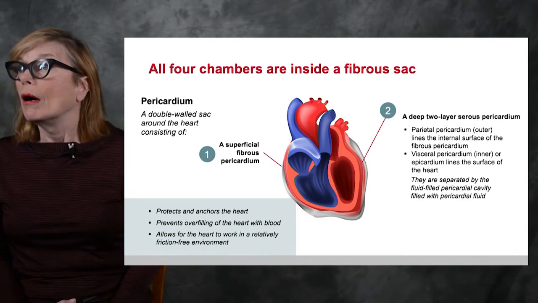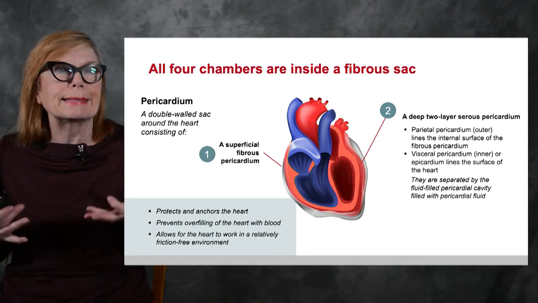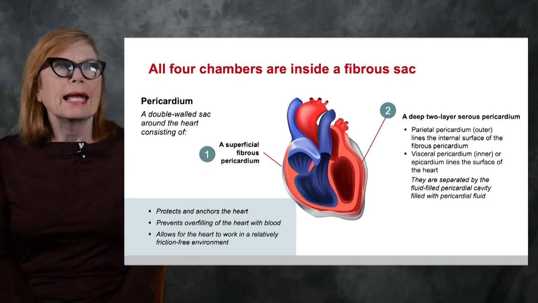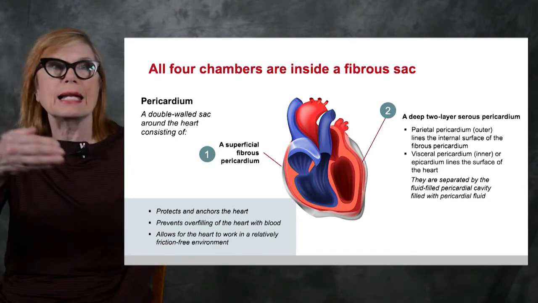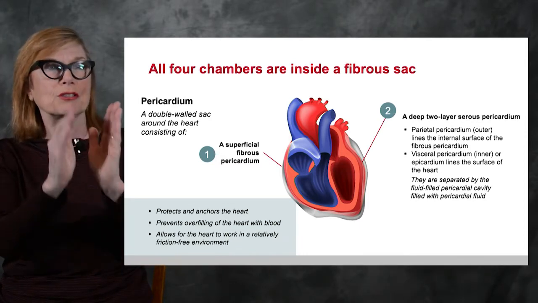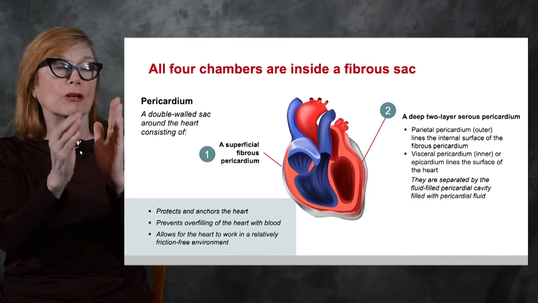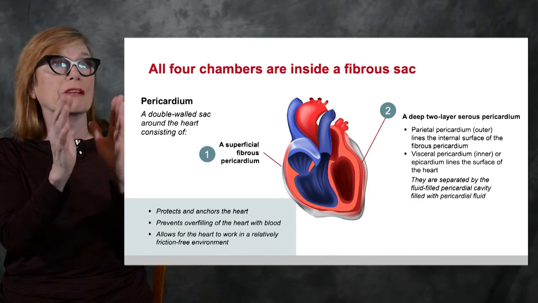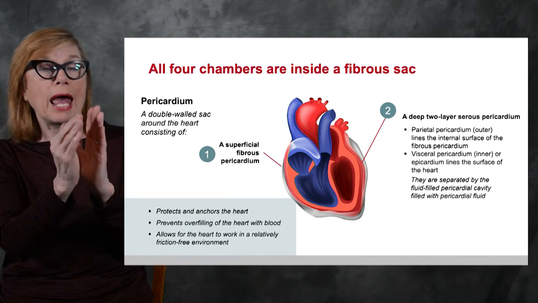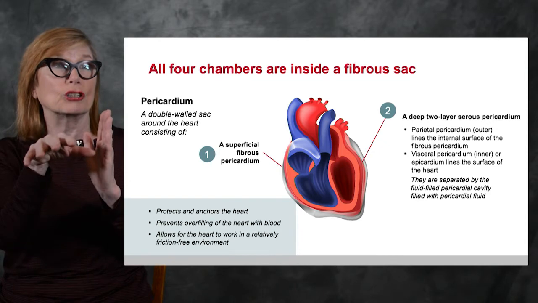And remember, again, that all four chambers are inside a big, nice, tight, fibrous sac. It's a double-walled sac. The outside is fibrous like the dura, and the inside of the sac is actually vascular. And the space in between is usually filled with lymphatic fluids, and there's a lot of communication between that lymph fluid and the vascular surface.